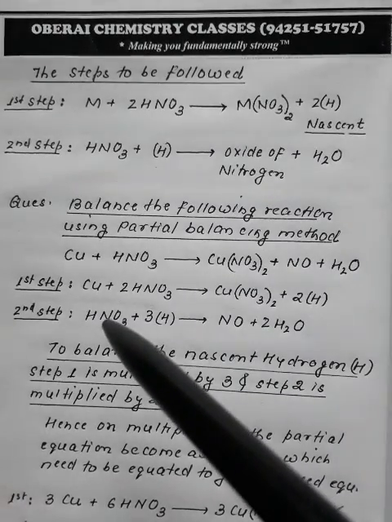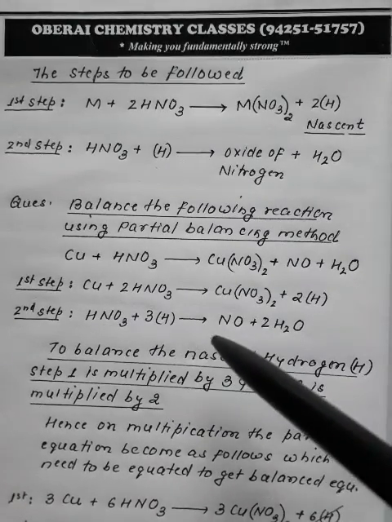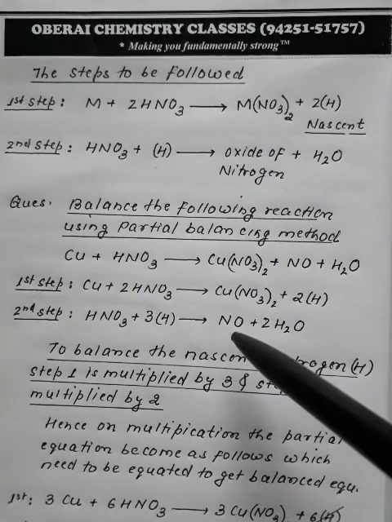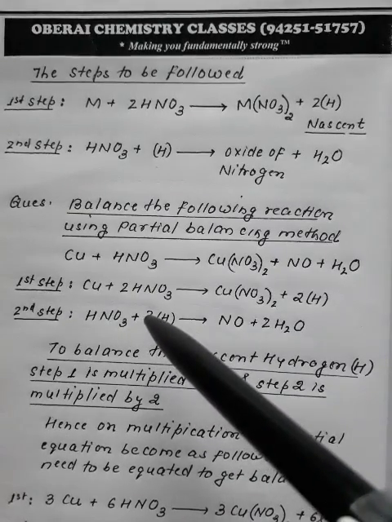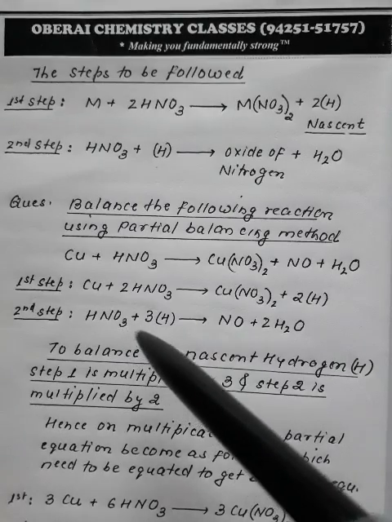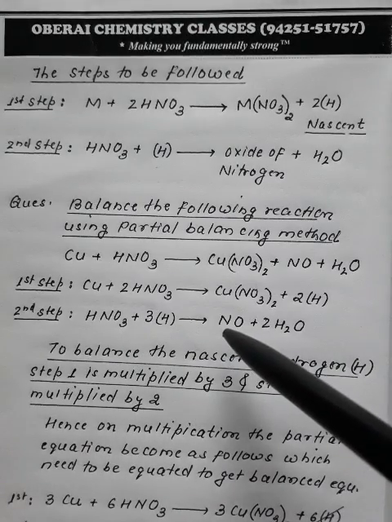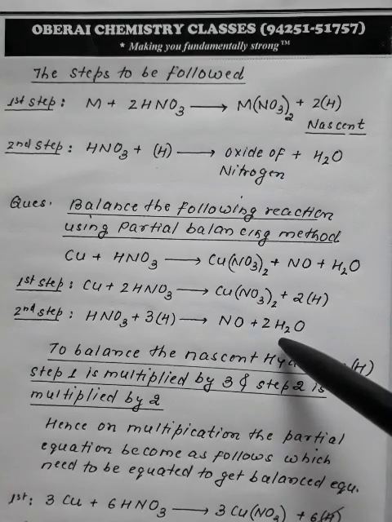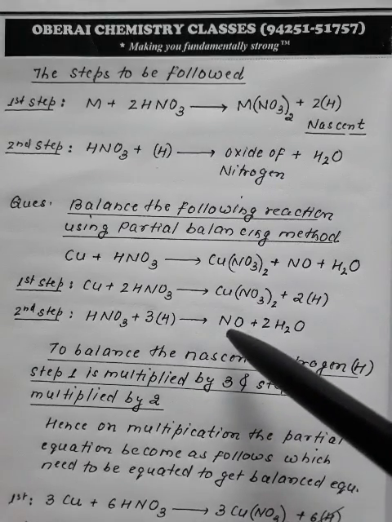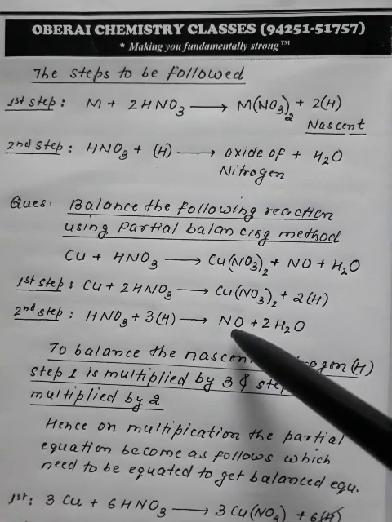On this side the number of nitrogen is 1, on this side it is 1, balanced. On this side the number of oxygen is 3. To balance the oxygen, we can put 2 either before NO or before H2O. If we put 2 before NO, then N also becomes 2.